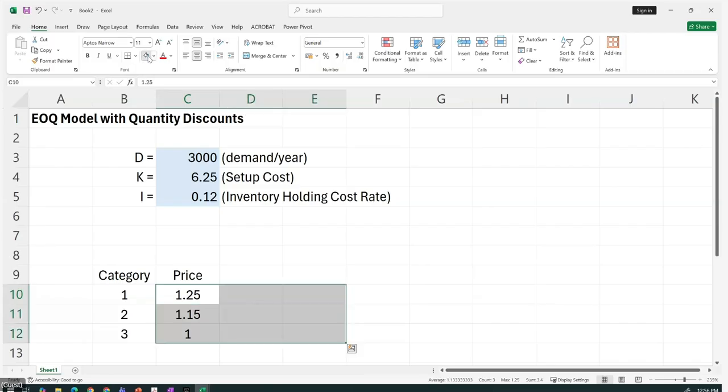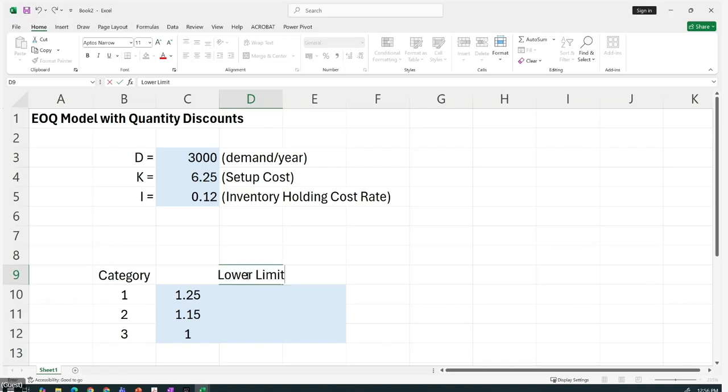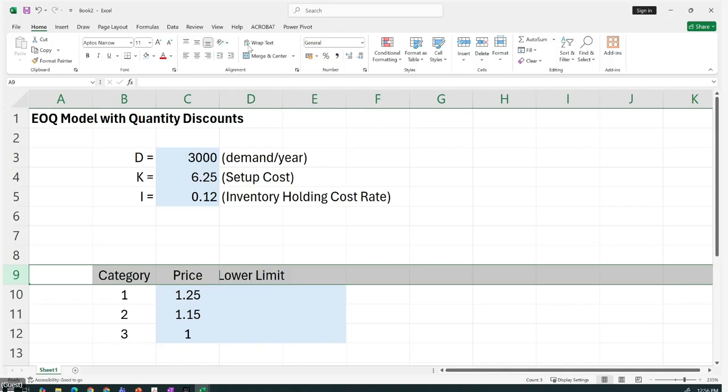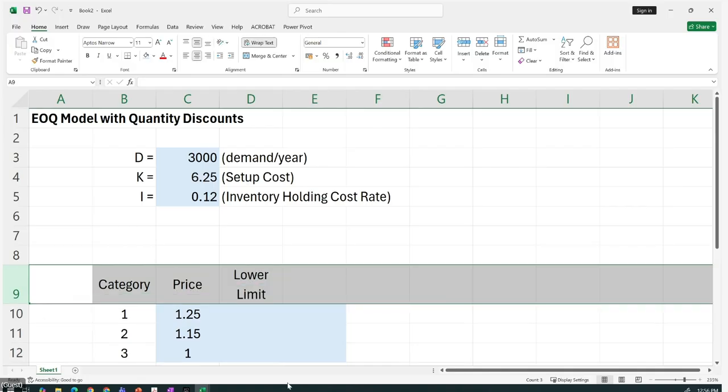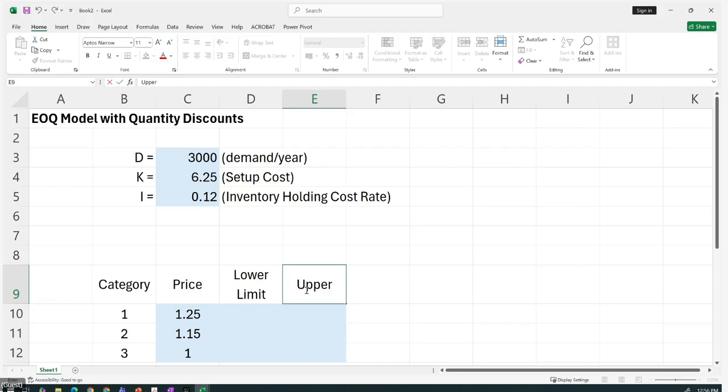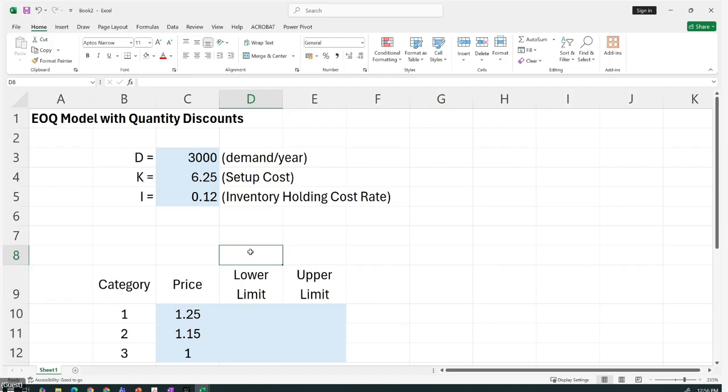Now for each category, I have a lower limit and I have an upper limit. These are the range of order quantities.